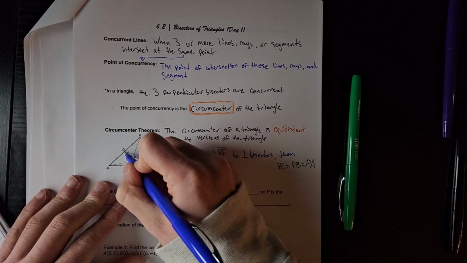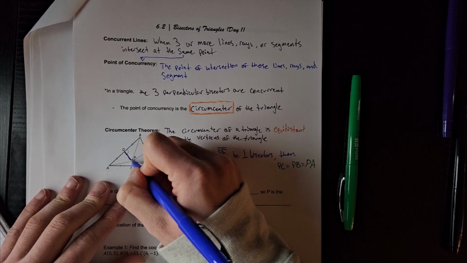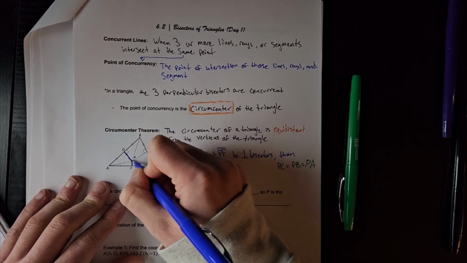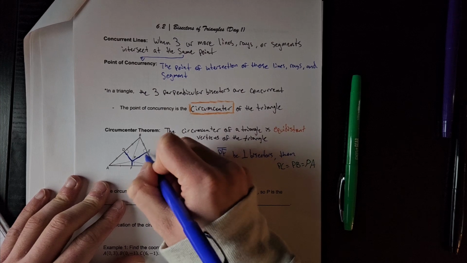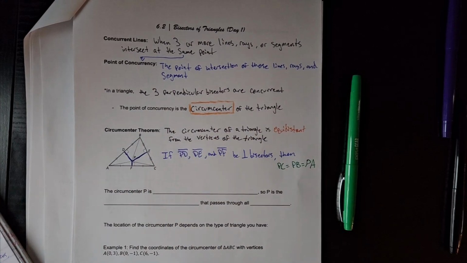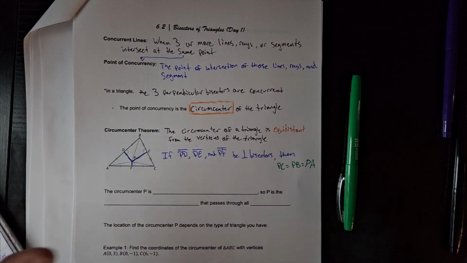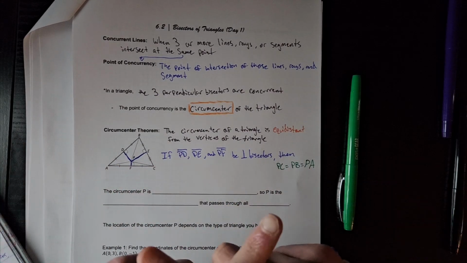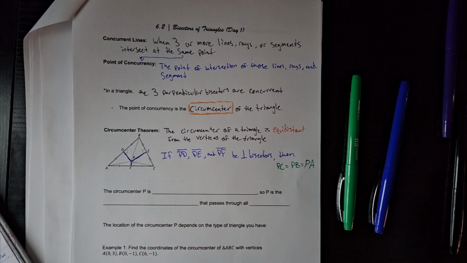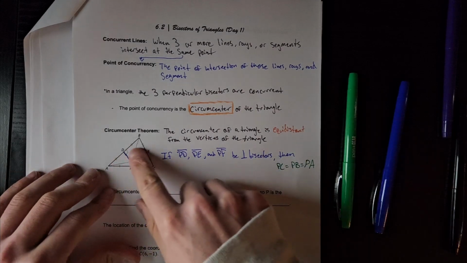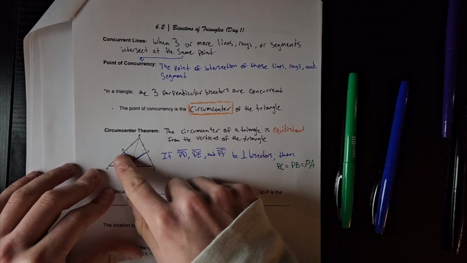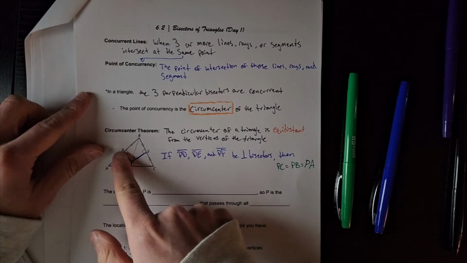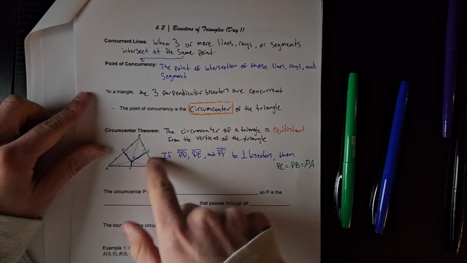So if we have some perpendicular bisectors right here, and if they all intersect at a concurrent point, and that's going to be P. These perpendicular bisectors all intersect at P. To get this perpendicular bisector, remember, it cuts through the midpoint of each segment.